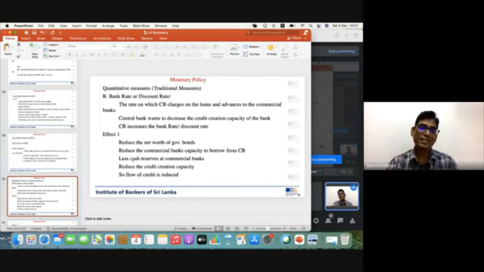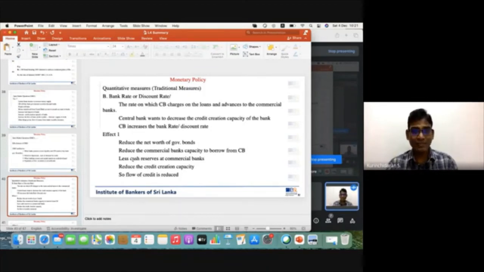When the interest rate increases, the securities' mark-to-market value will go down. So the net worth of the government bond is reduced. That reduces the commercial bank's capacity to borrow from the central bank, because if they want to borrow from the central bank, they have to give securities, and the acceptable securities are government securities.